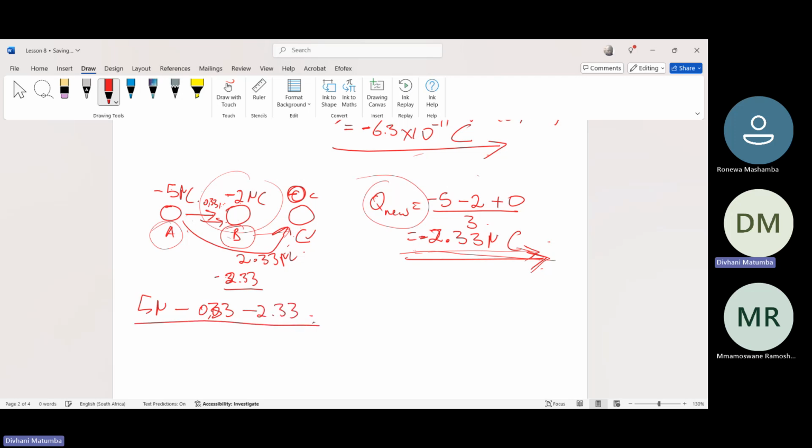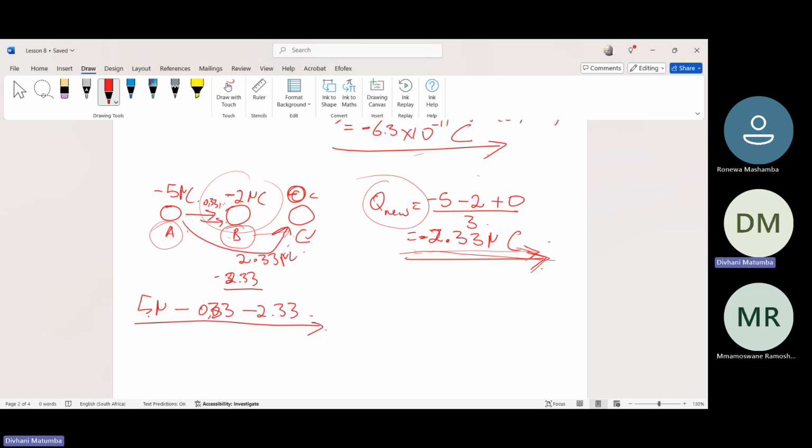Can you use a calculator? We want to see how much we're going to have. How much are we going to have? Negative 7.66.